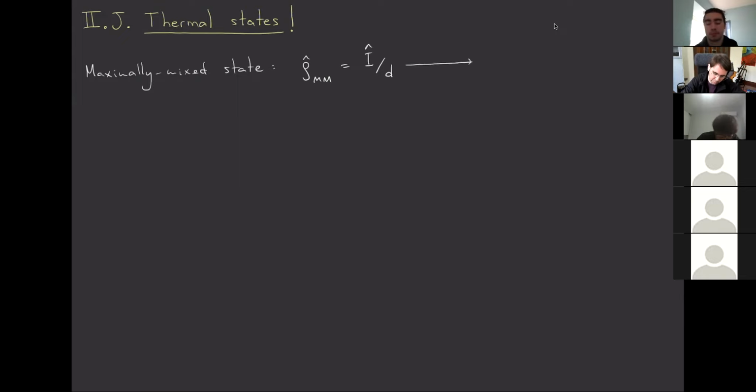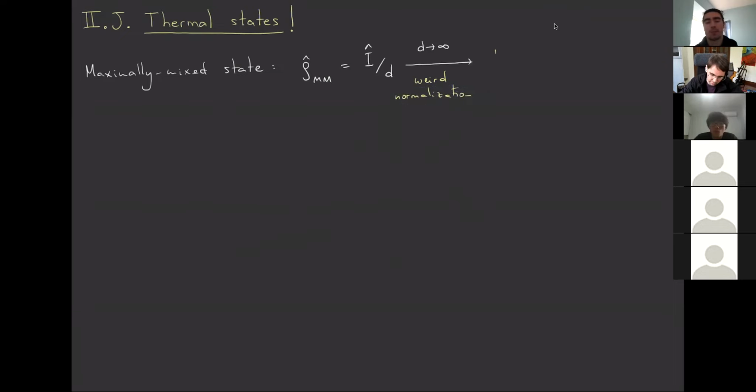Because when D goes towards infinity, first of all, it has a very weird normalization, so we are dividing the identity by an infinity.